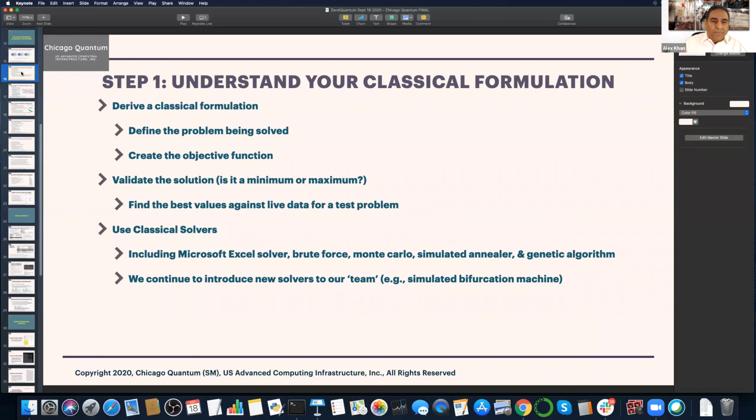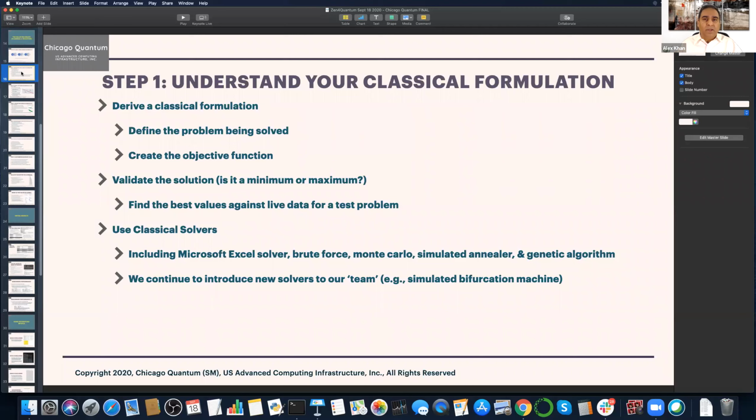First of all, understanding your classical formulation. Like I mentioned, if you just start with some code, you don't really know what's the math that's happening behind there. In the end, you have to build the objective function, which is going to go onto a QUBO eventually. But a lot of teams I've noticed don't even know what they're really trying to maximize.